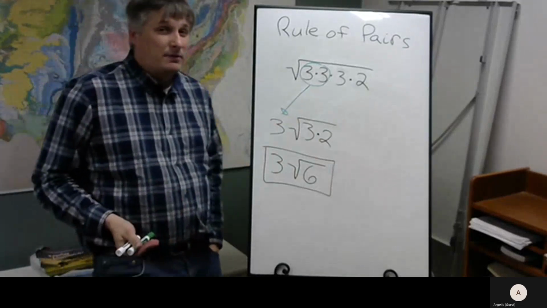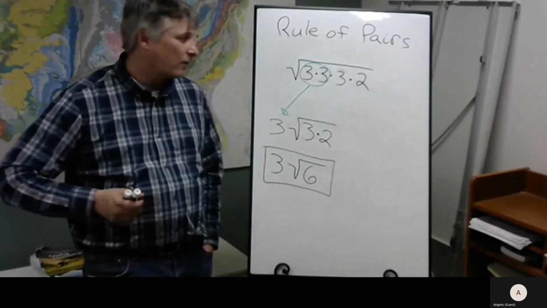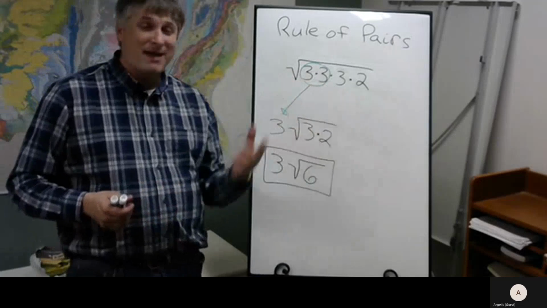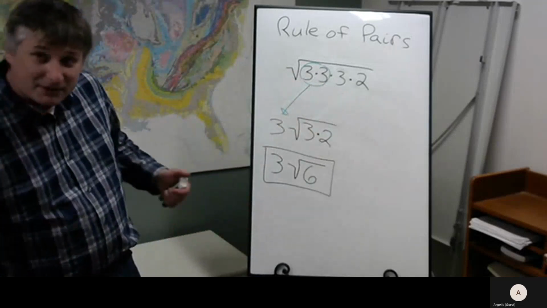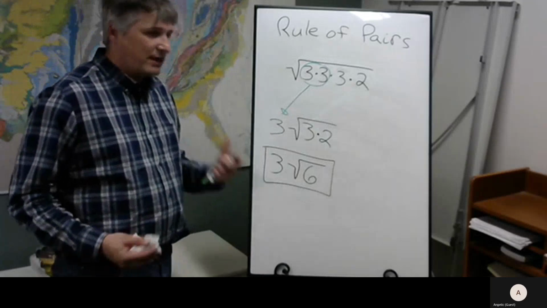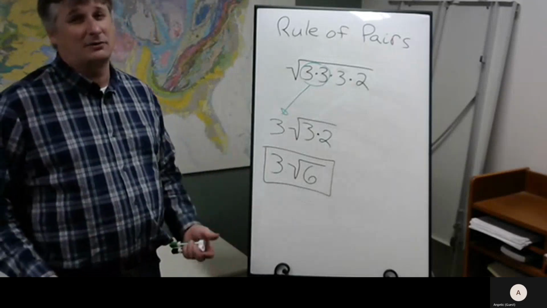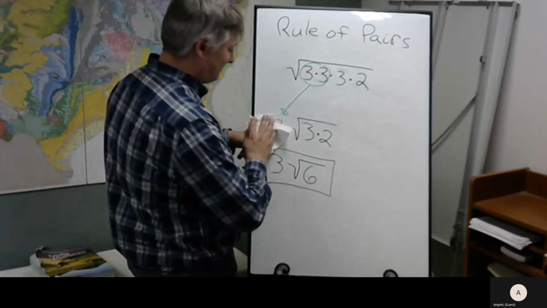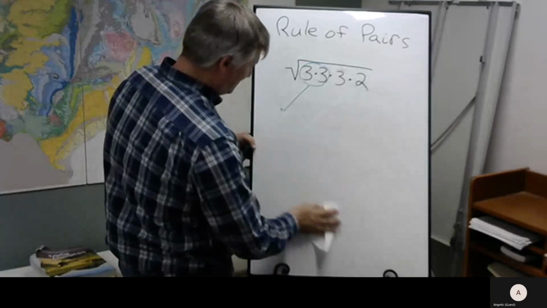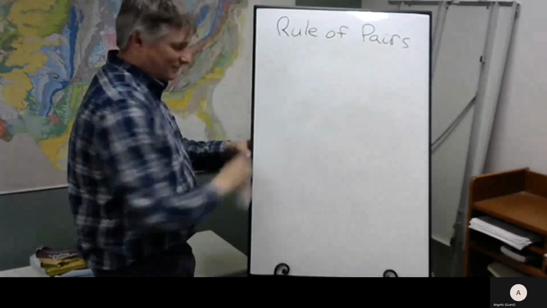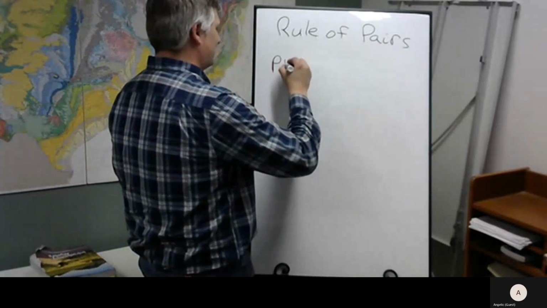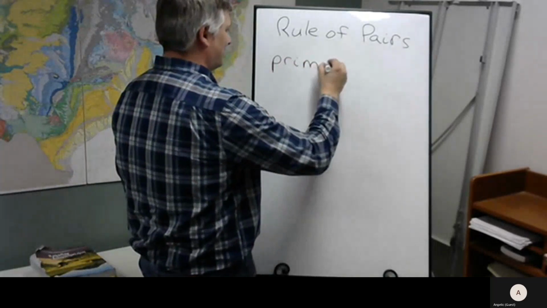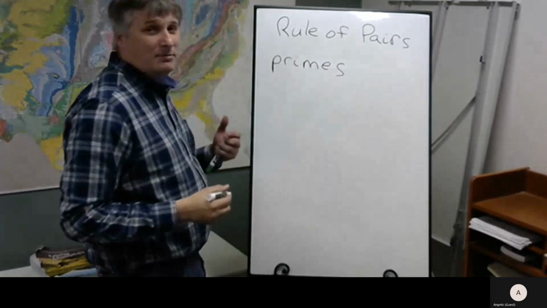Now, the problems that we've been doing in 9.4, we don't get something like this automatically under the square root. Usually what we'll have to do is take a number and break it down into what's called a prime factorization. So prime numbers.